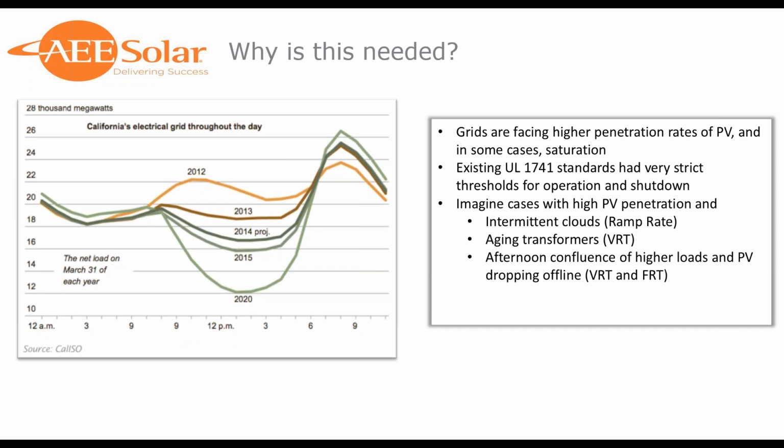We didn't really, at the time these standards were developed, envision a future where we would have things like grid support inverters that could actively manage to support the grid. So for safety's sake, these anti-islanding standards were very strict and very black and white. Unfortunately, that leads to issues of their own.